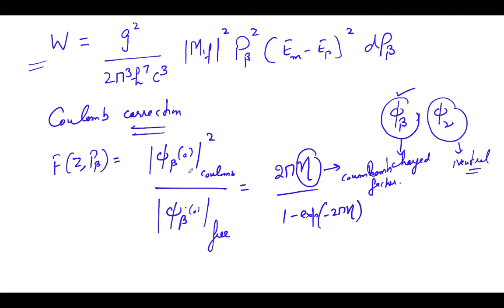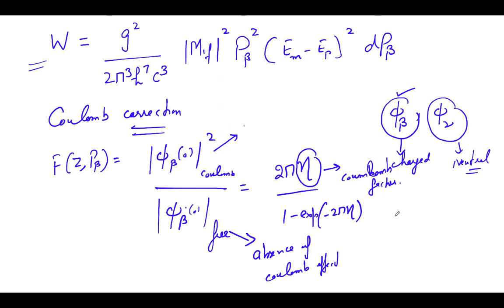Here phi beta free is the electronic wave function in the absence of the Coulomb effect, and the numerator term is when we have considered these Coulomb corrections.